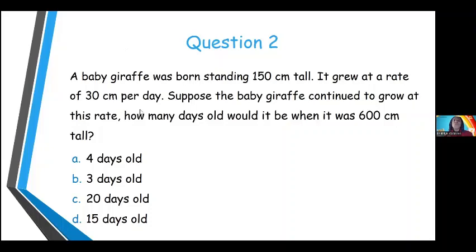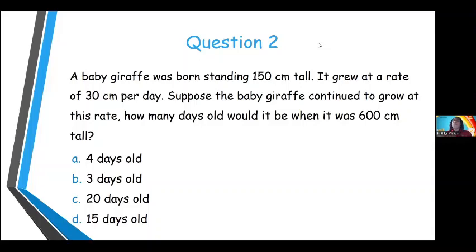So over a 15-day period, the giraffe grew 450 centimeters, and 450 centimeters added to the 150 centimeters, which is the height at birth, would give us that 600 centimeters. And that's one way of checking your answer.